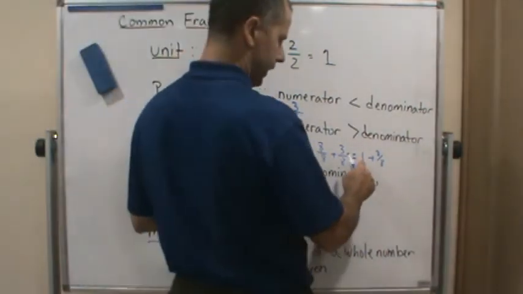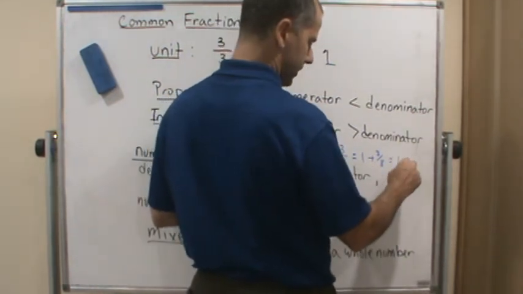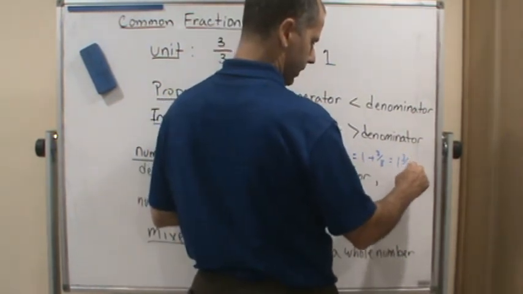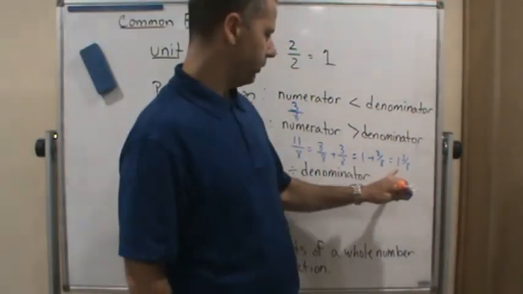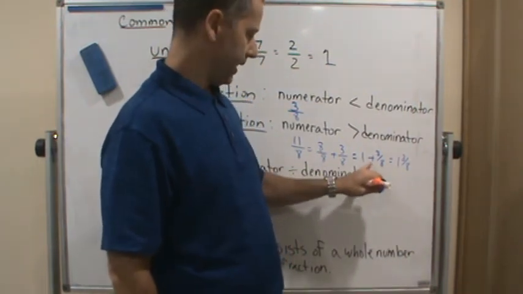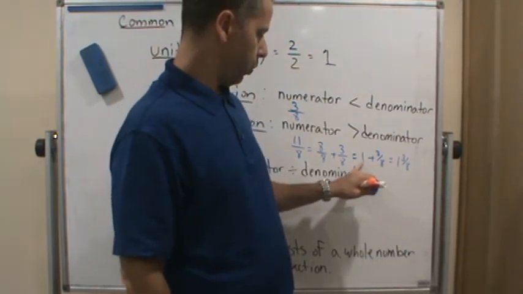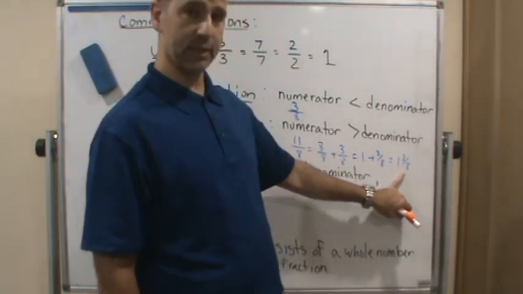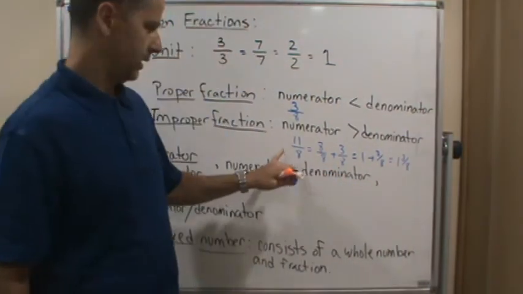So we could put this together, get rid of the plus sign, and write it as 1 with 3/8 next to it. The way we read this is 1 and 3/8. The 'and' tells us we're adding here. So 1 plus 3/8 is the same as 1 and 3/8, and that's the same as 11/8.